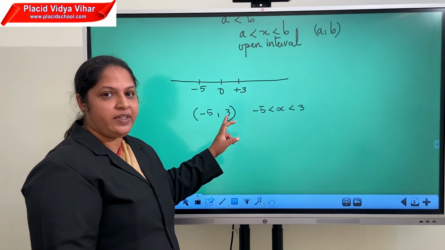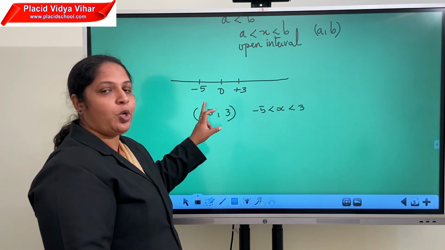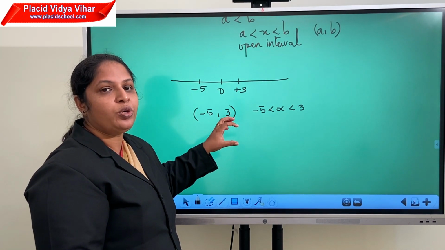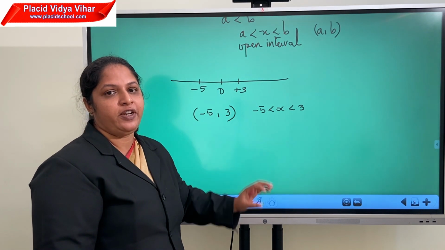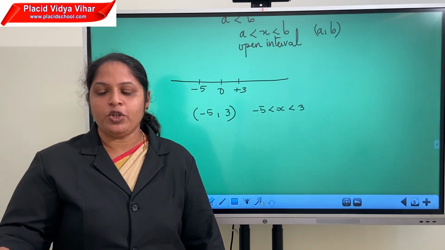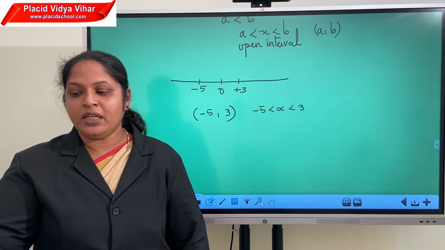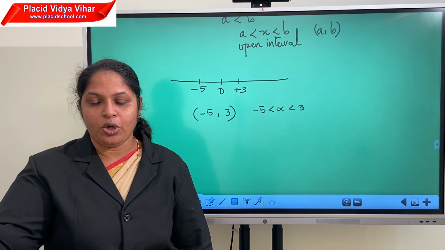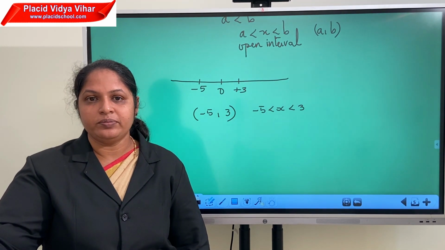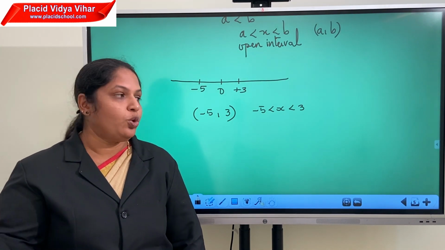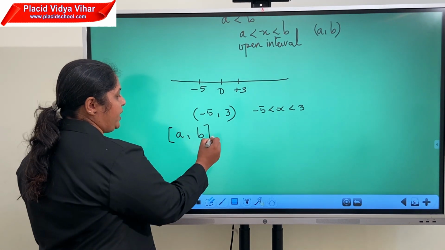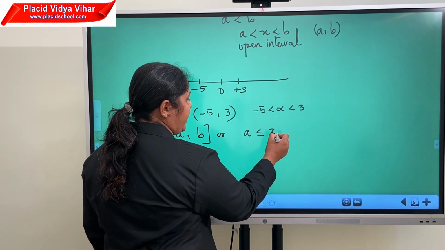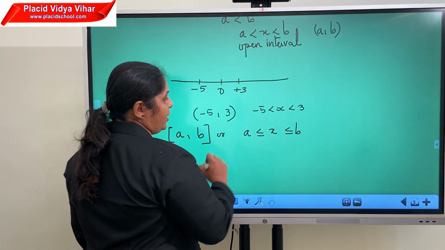Such types of intervals in which the end points are not included in the interval are known as an open interval. Now we'll learn what a closed interval is. The interval which contains the end points is called a closed interval and is denoted by [a, b] or a less than or equal to x less than or equal to b.